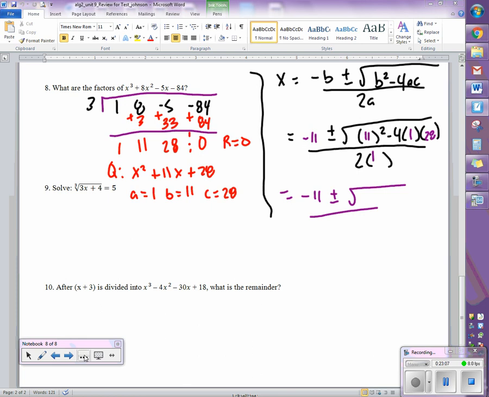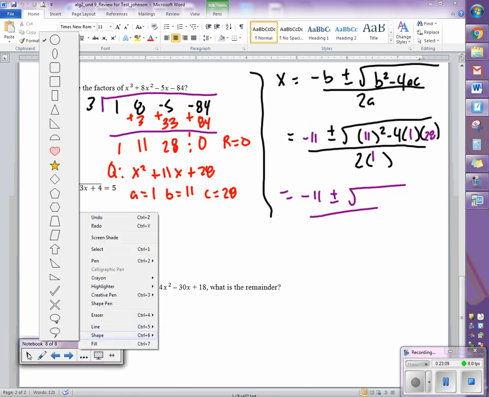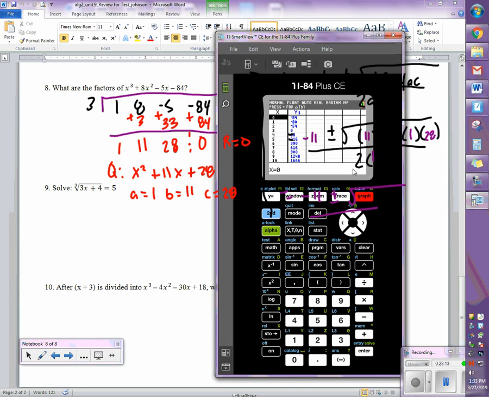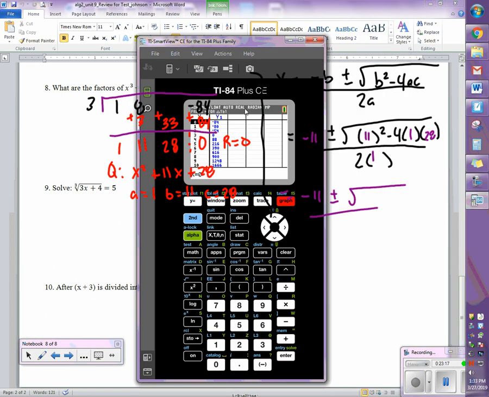Find the discriminant, which is everything under the root. Type it correctly, so 11 squared minus 4 times 1 times 28.